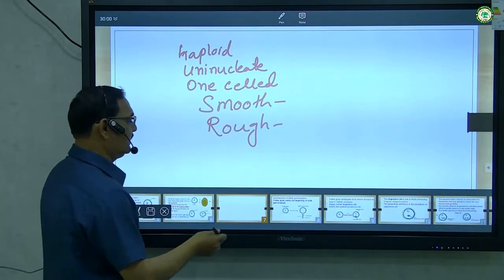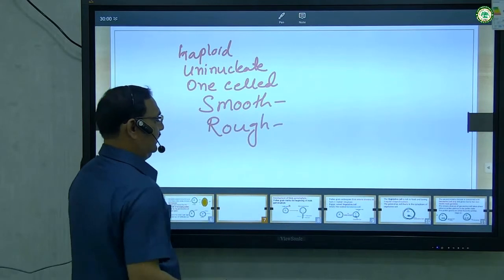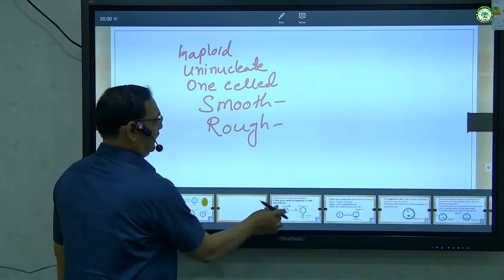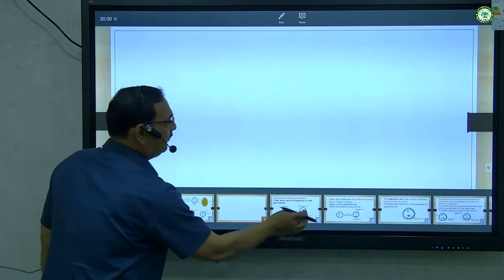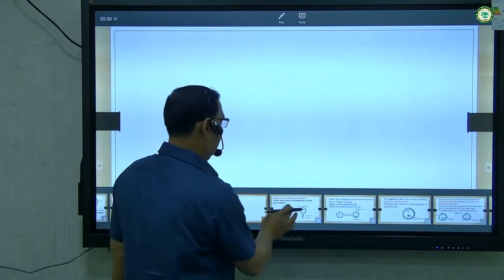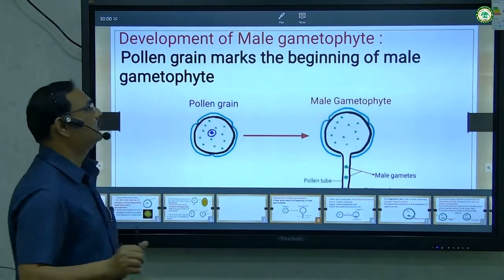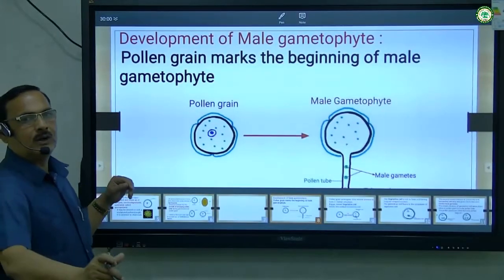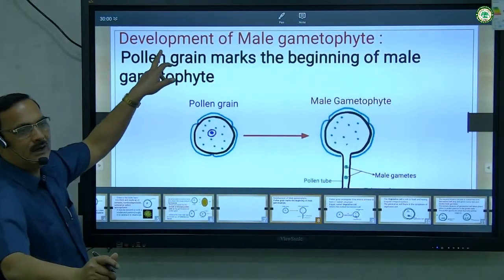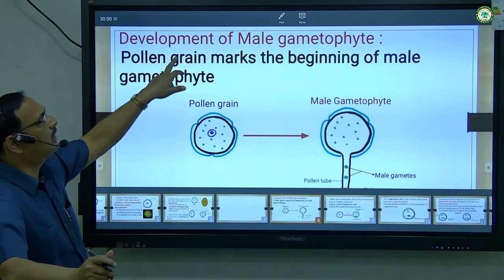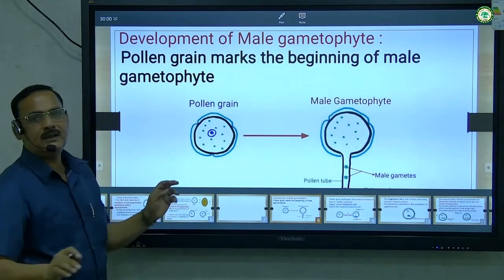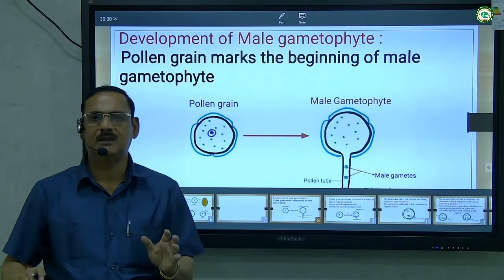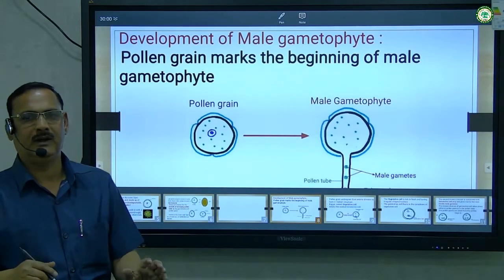Then we will go to the next point, that is the development of the male gametophyte. So pollen grain marks the beginning of the male gametophyte.